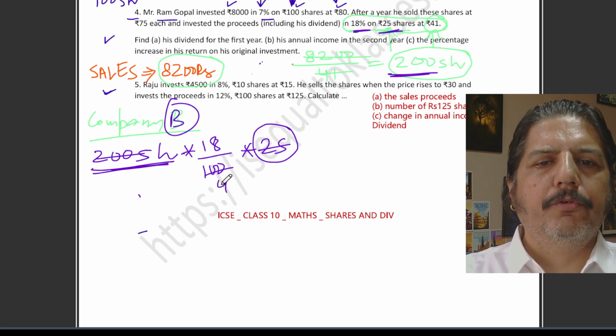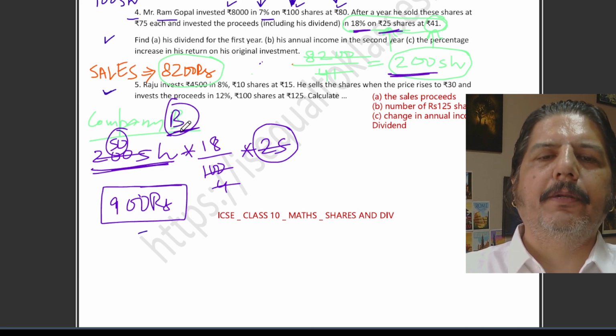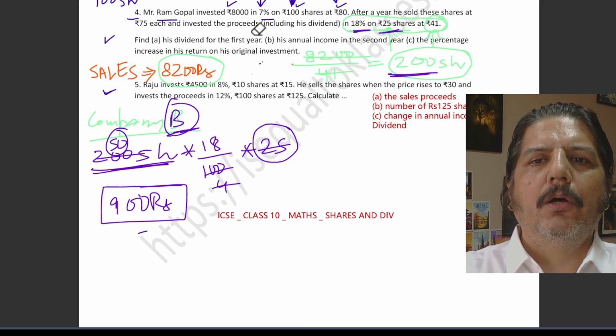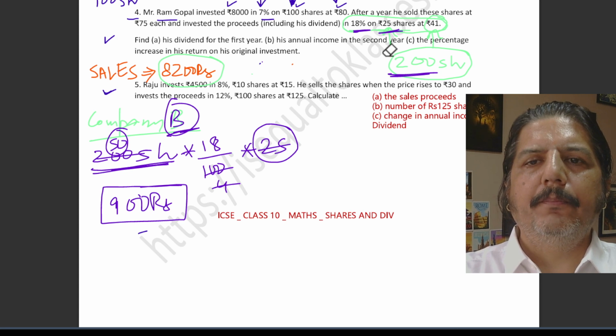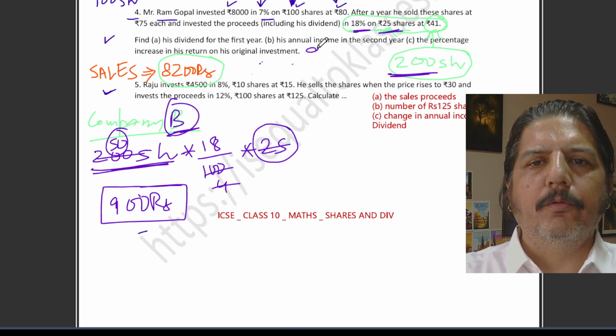So 25 fours are 100, 4 5s are 20, and so on, that gives 900 rupees. So 900 rupees is the dividend that he has got from company B. So his annual income in the second year as dividend from company B would be 900 rupees.